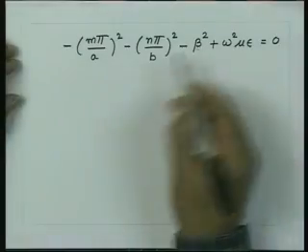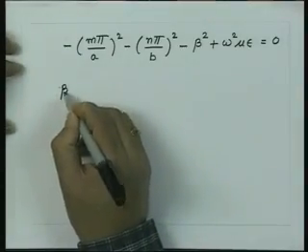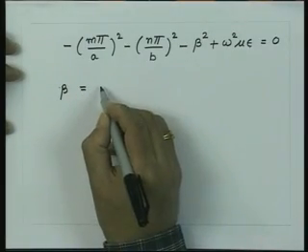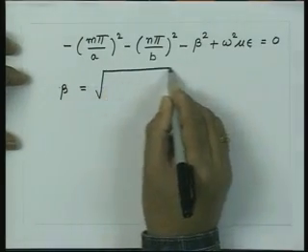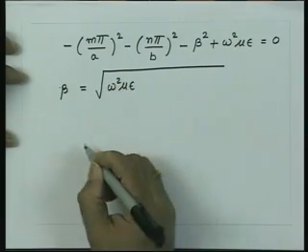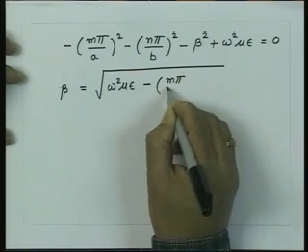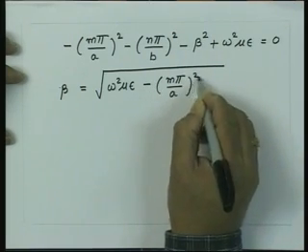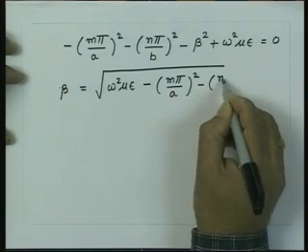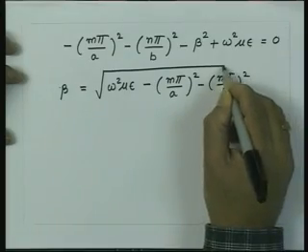I can take beta on one side. So, the phase constant for this mode will be equal to the square root of omega square mu epsilon minus (m pi by a) whole square minus (n pi by b) whole square.